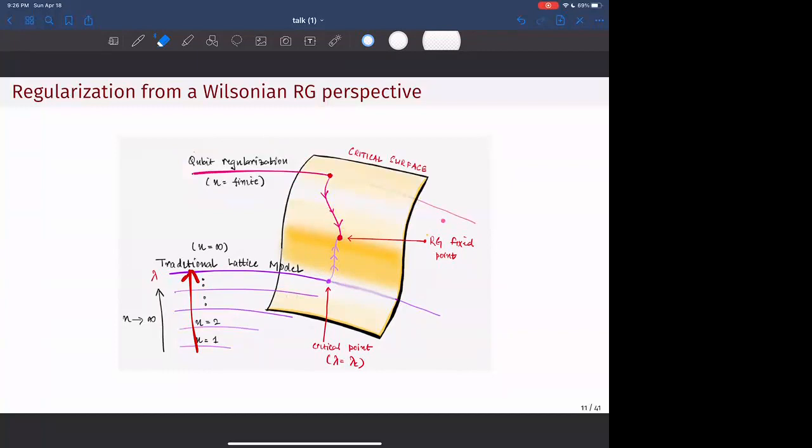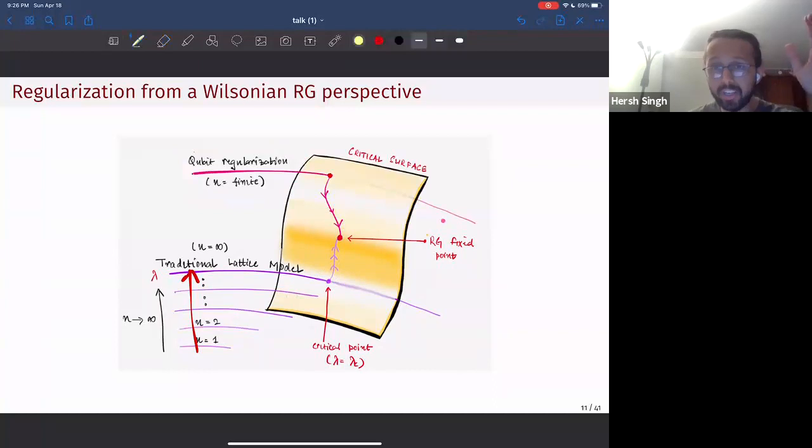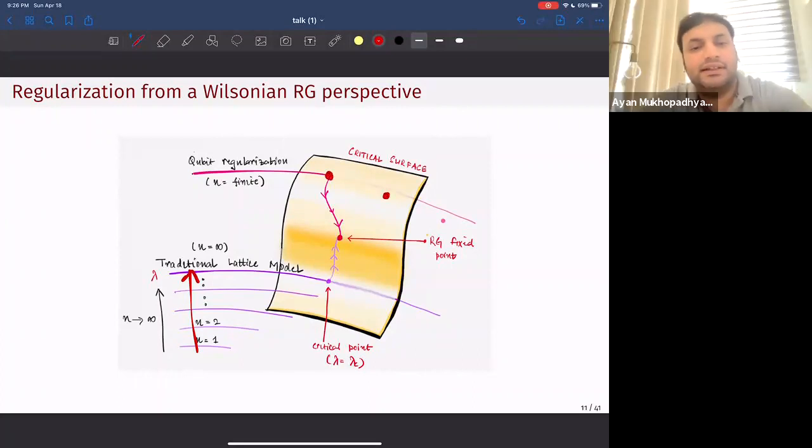Each point on this critical surface represents the same continuum field theory. In particle physics language, all of these just differ by irrelevant operators, like this point and this point. You mean they only differ by operators that are irrelevant?